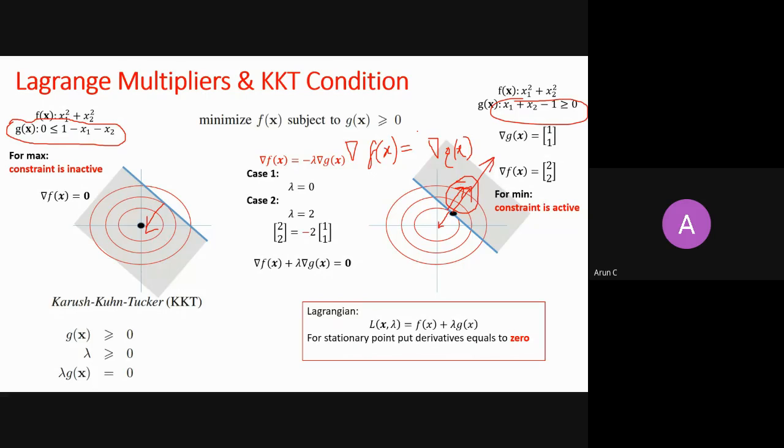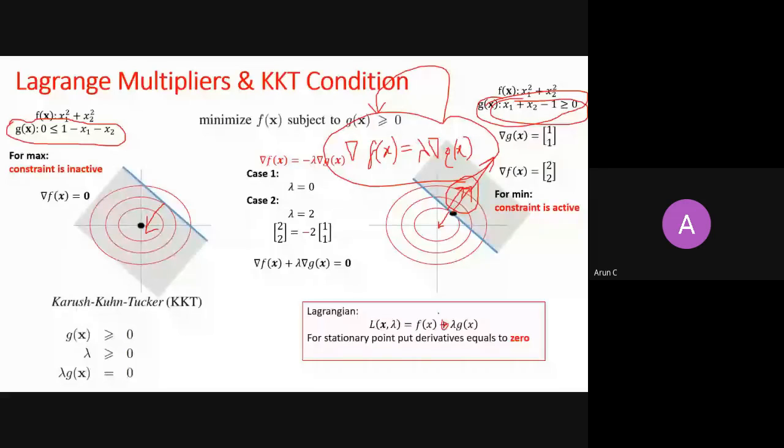So just to equate them, we will add a weighting factor known as lambda, right? If you bring this lambda to the right hand side, it will be the gradient of f(x) minus lambda times the gradient of g(x). It is only in this situation, when g(x) is greater than 0, that lambda comes in as a negative.